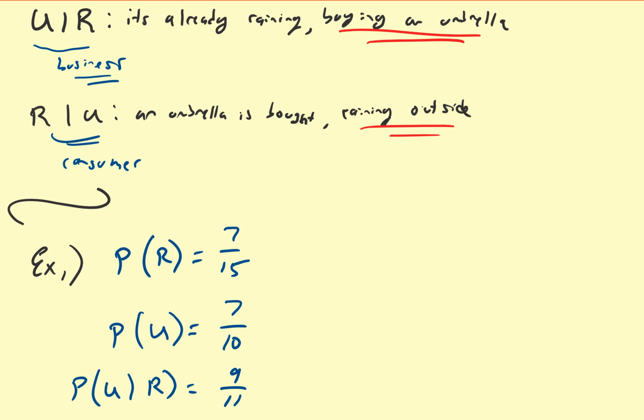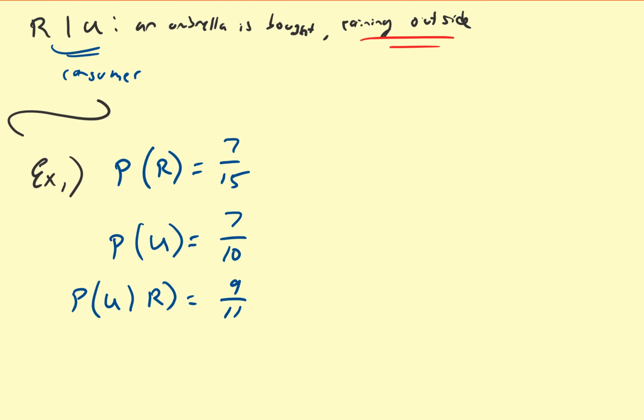Usually these likelihoods are generated by meteorologists or businessmen, or a combination of both. So let us determine the probability of it raining, assuming that we have already bought an umbrella.